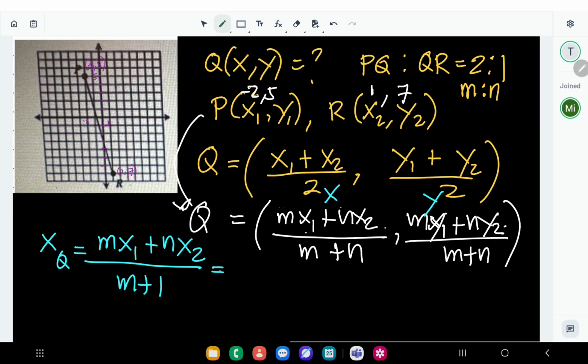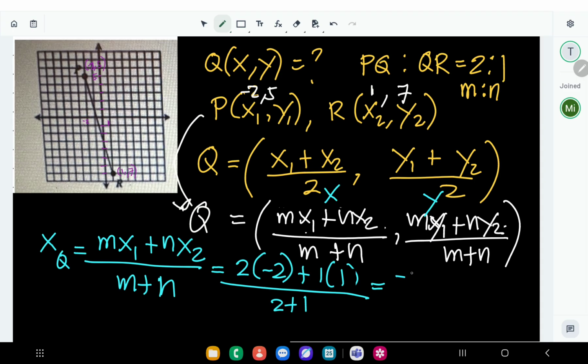Then we do m times x sub 1, so that is 2 times -2, plus 1 times 1, because we're dealing with x, over m plus n, so that is 2 plus 1.